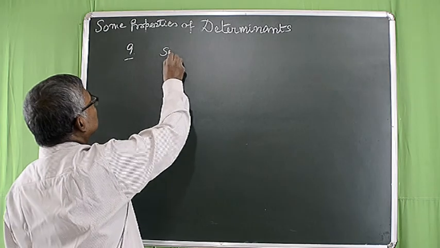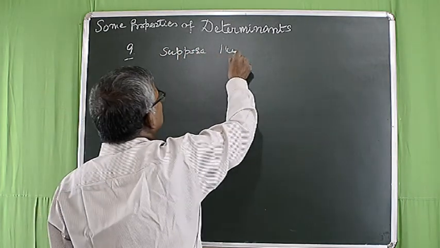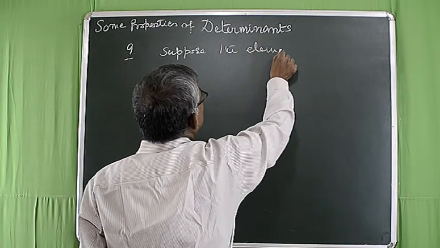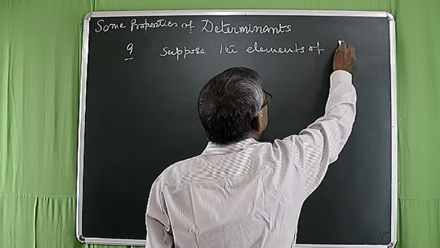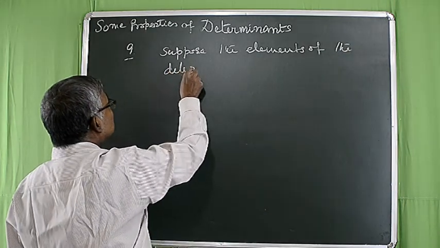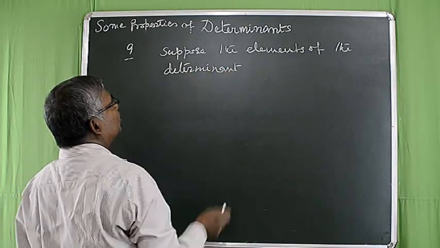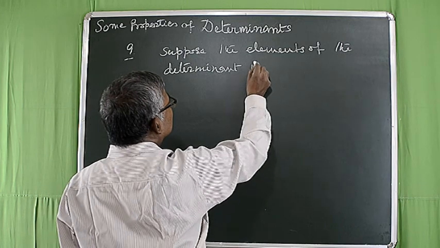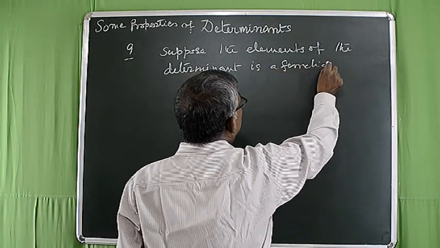Suppose the elements of the determinant are a function of x.